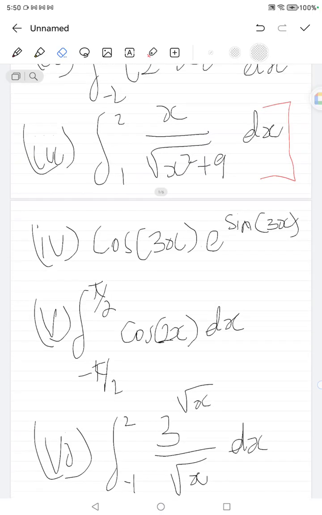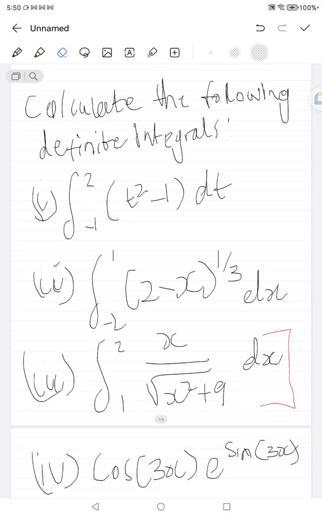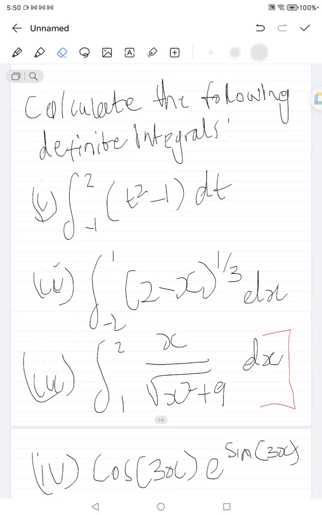Number 1, number 2, number 3. Okay, now I'm just gonna start explaining how you go about doing this, because as I said, you can either use the chain rule or the U substitution. In my opinion, the U substitution is definitely the easiest one to use, as you'll see you'll have to use the power rule a lot.